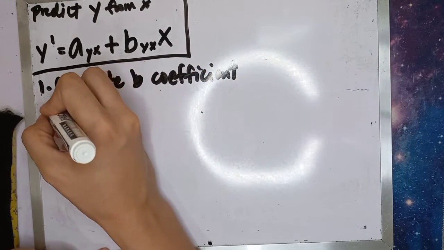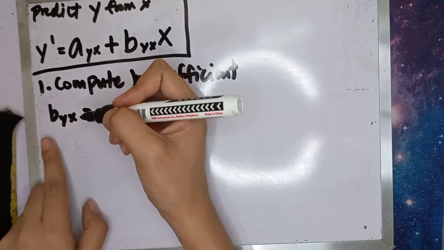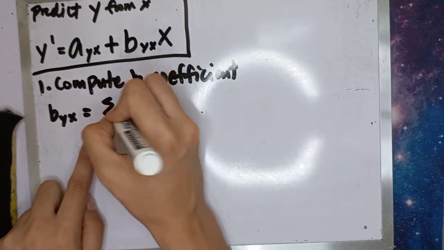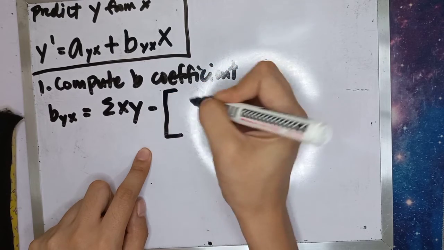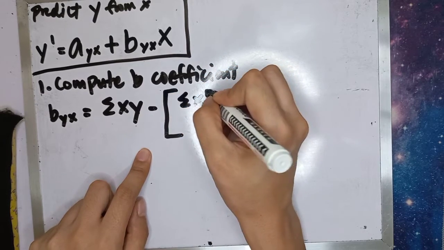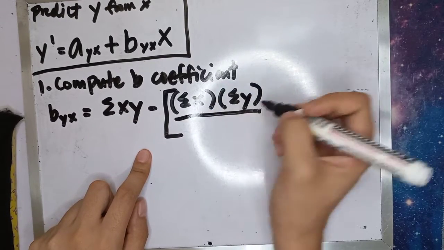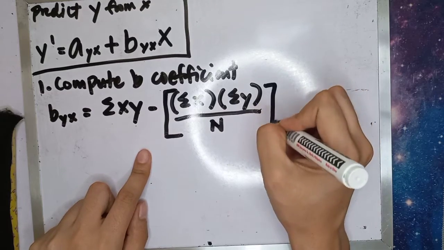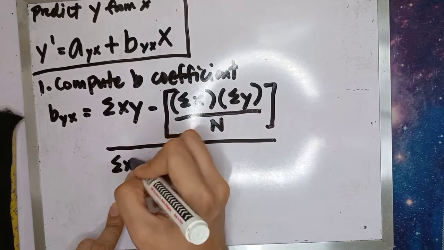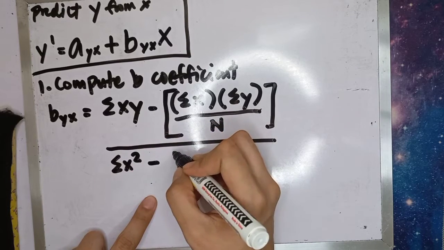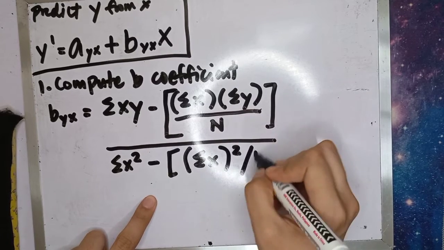Okay. So, the formula that we will use, b coefficient ng y from x is summation of xy minus summation of x multiplied by summation of y over n, over summation of x squared minus summation of x squared over n.